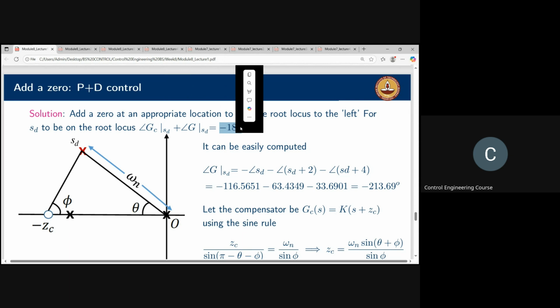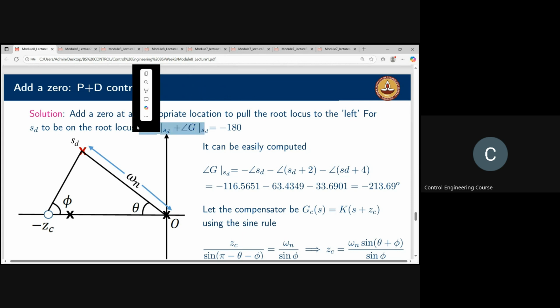So when you substitute the dominant pole value, you need to have this condition satisfied. Now you know the angle of G at SD, correct?